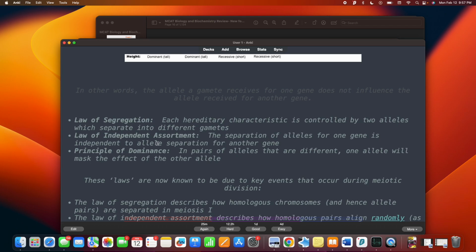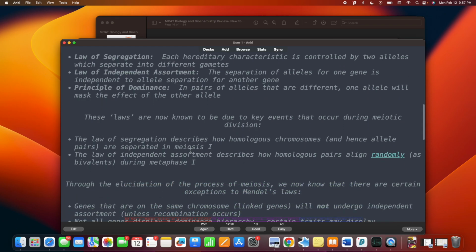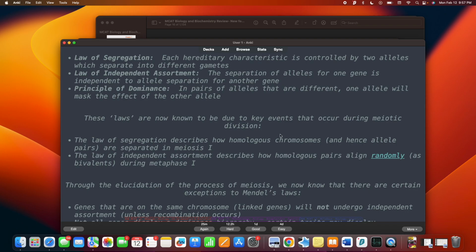So it's independent to allele separation for another gene. And the principle of dominance, we had complete dominance, codominance, incomplete dominance. In pairs of alleles that are different, one allele will mask the effect of the other allele. These laws are known to be due to key events that occur during meiotic division for our gametes.